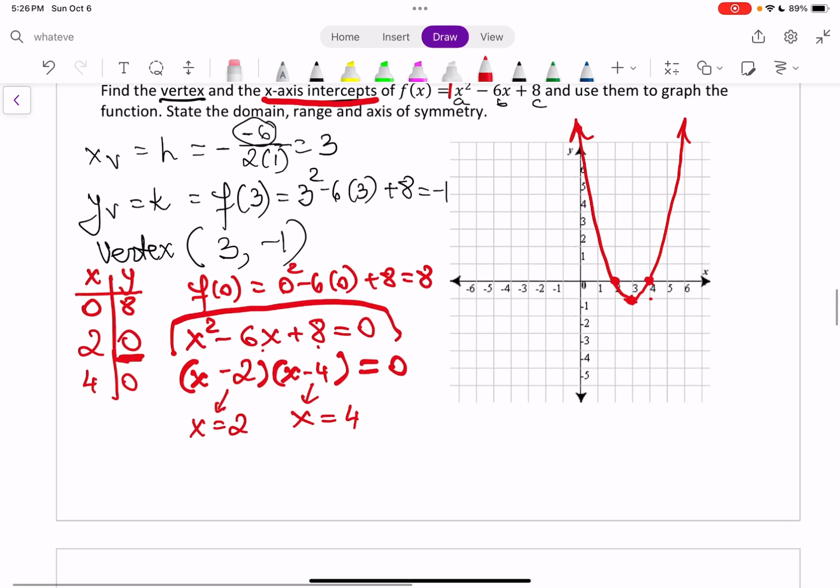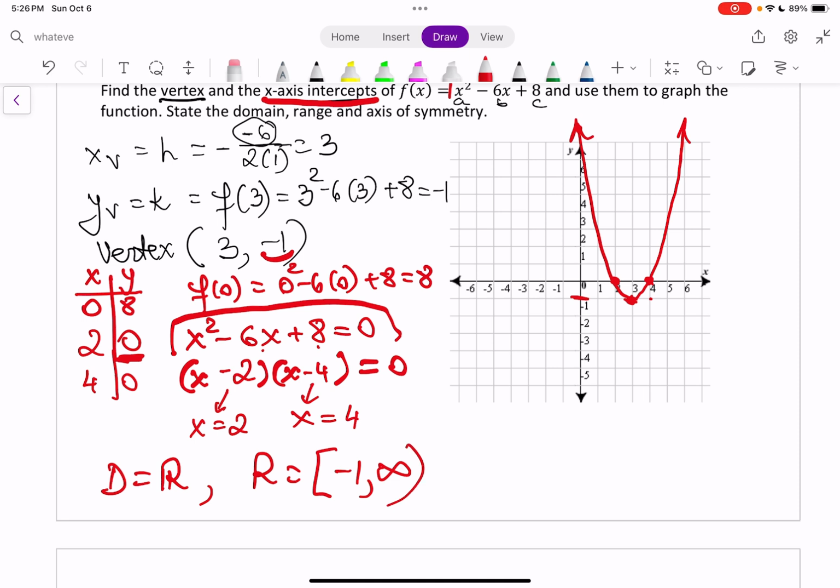Okay, so let's state the domain, which is all real numbers every time. The range, as you see now, we're starting at the lowest value of negative 1, which is the y-coordinate of the vertex, and we go up to infinity. And then the axis of symmetry, which I don't want to write so much, so we can call it AOS, axis of symmetry, is the vertical line x equals to 3.